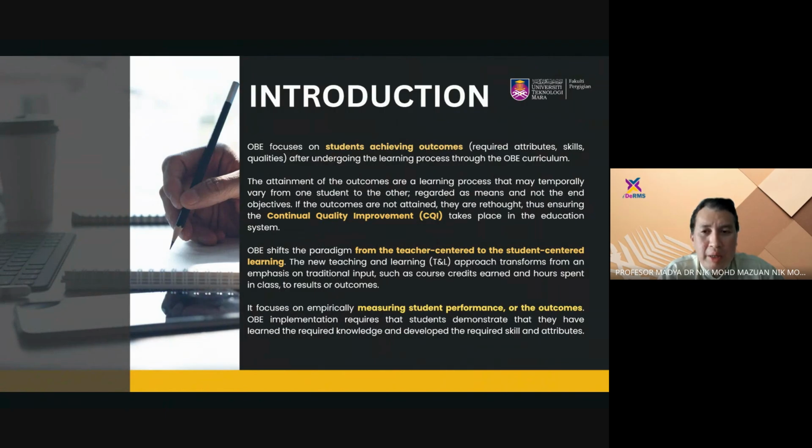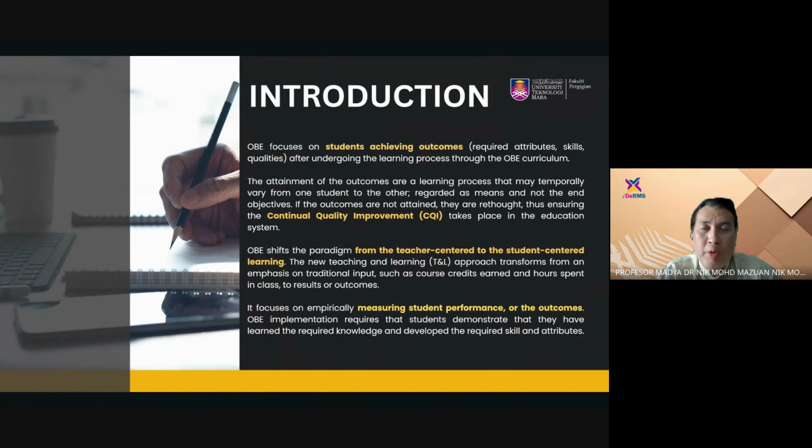Okay, so what is OBE? OBE is a method, a concept, or even an approach to teaching students. It focuses on the outcome. Before this, you might have come across objectives, for example, course objectives. In OBE, we do not use course objectives, we use course outcomes.